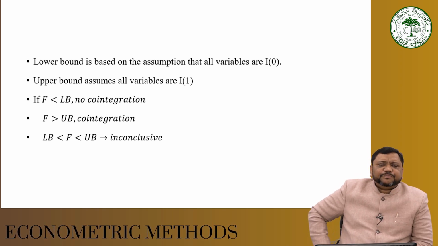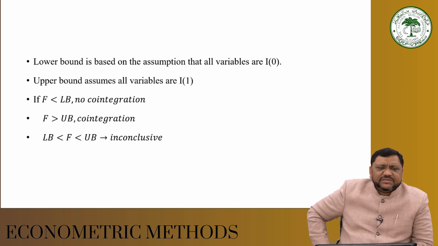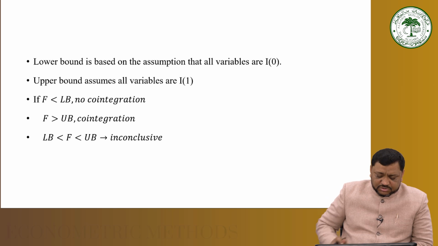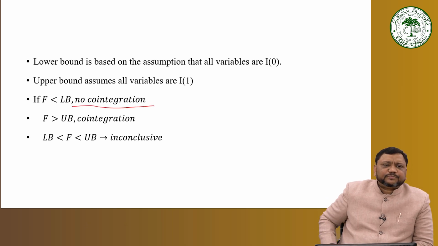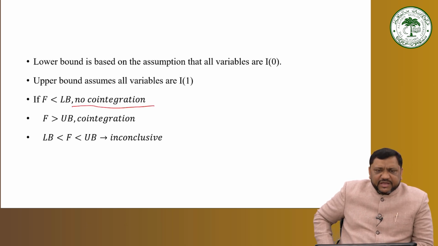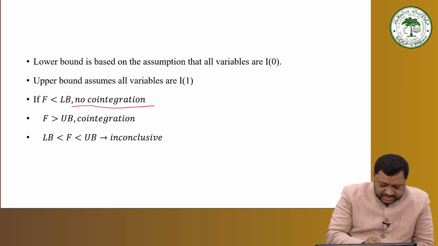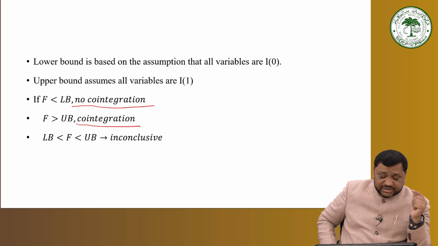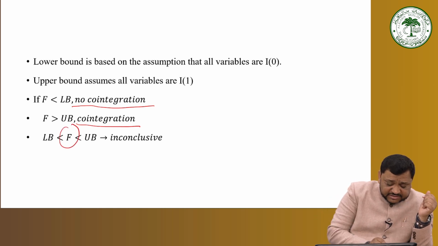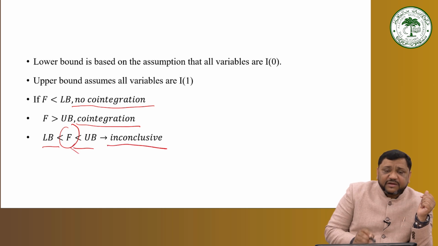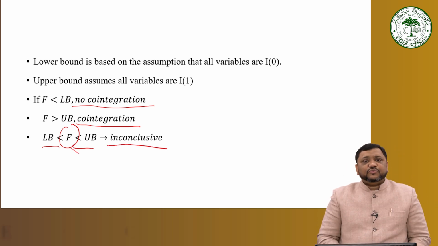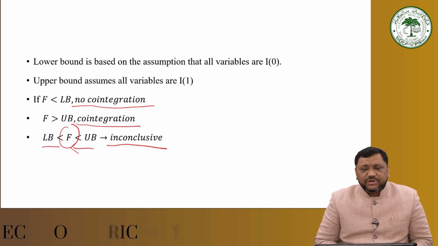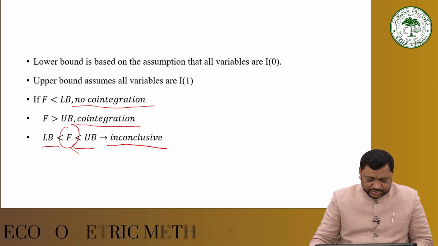If your F statistic is less than the lower bound, no co-integration. If the F statistic is greater than the upper bound, there is co-integration. And if the F statistic is greater than the lower bound and less than the upper bound, then the decision is inconclusive. We cannot say whether there is co-integration or not.